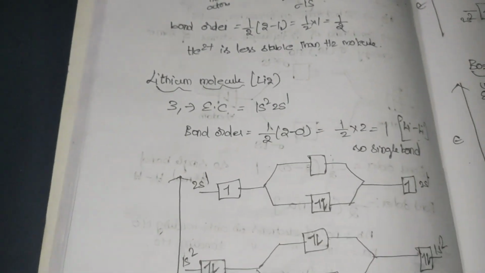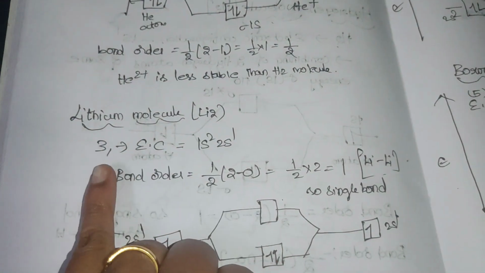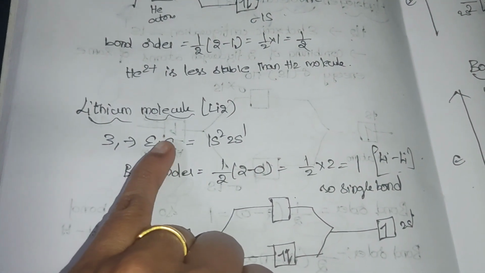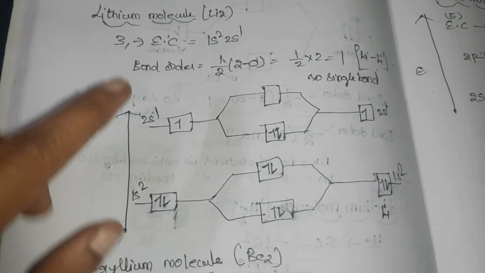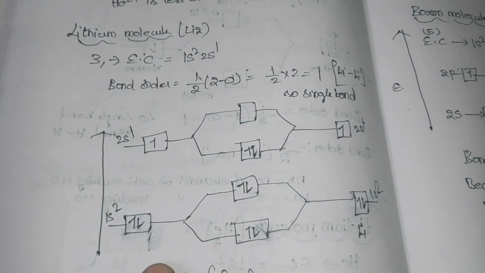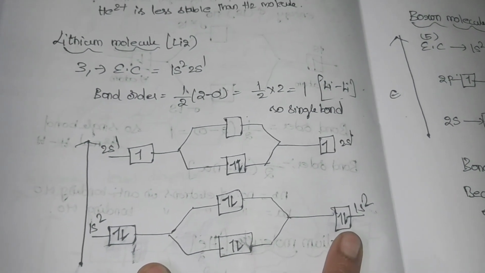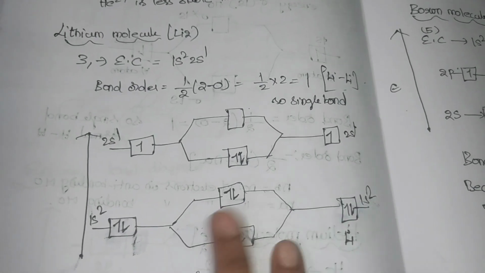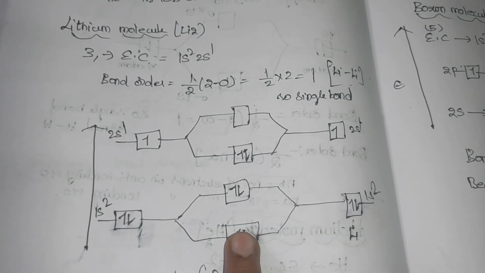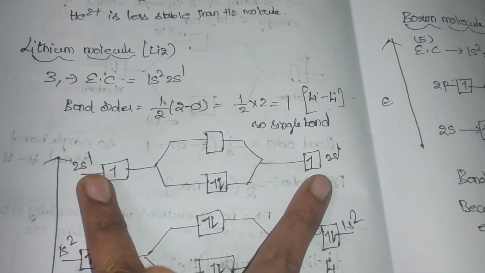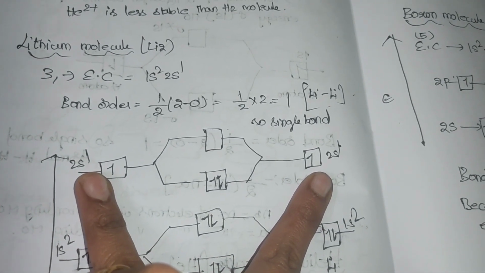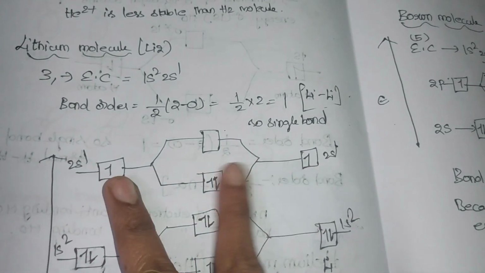Then next is lithium, Li2. Its atomic number is 3, so as we know the electronic configuration is 1s2, 2s1. The 1s2 of one lithium reacts with the 1s2 of another lithium atom to form bonding and anti-bonding molecular orbitals, and the 2s1 of one lithium combines with the 2s1 of the other lithium atom.